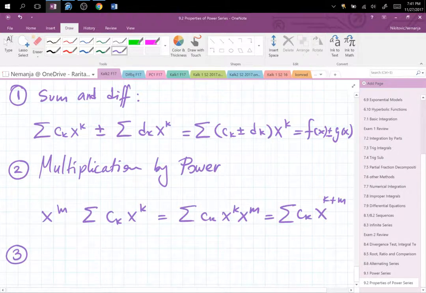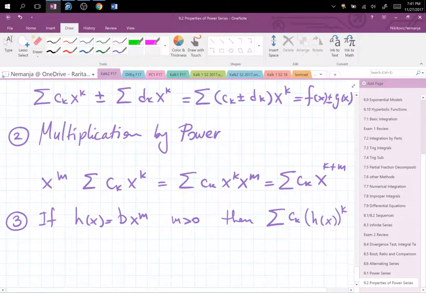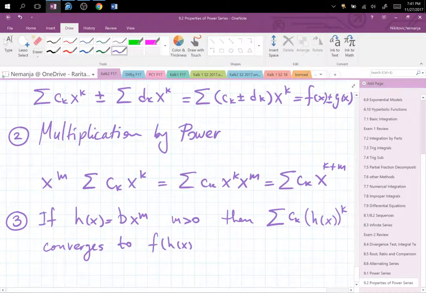Composition. So if h(x) is given as b x to the m, where m is a positive integer, then the power series c_k times h(x) to the k converges to f of h(x).